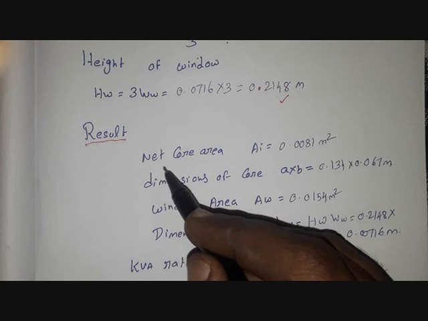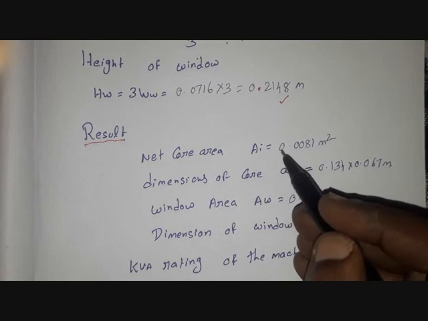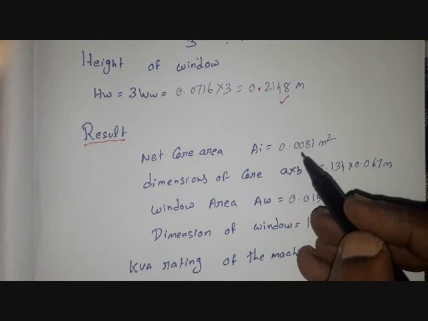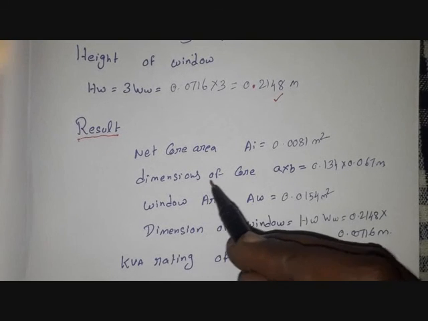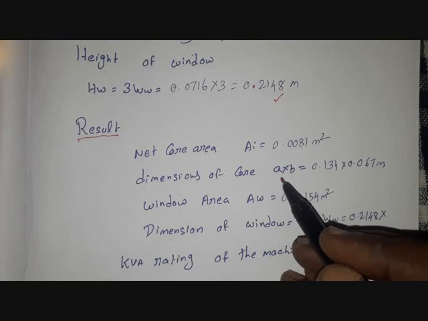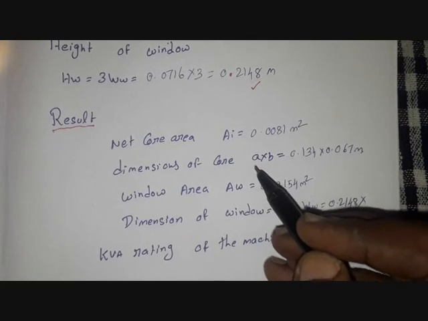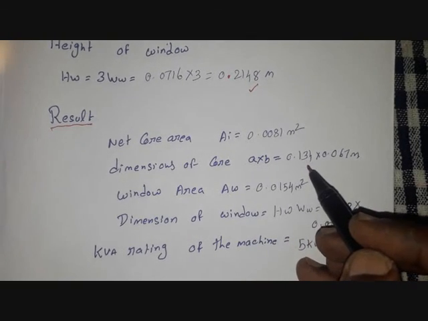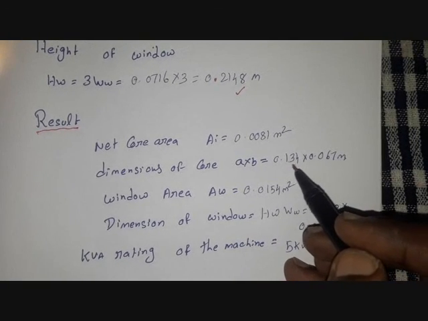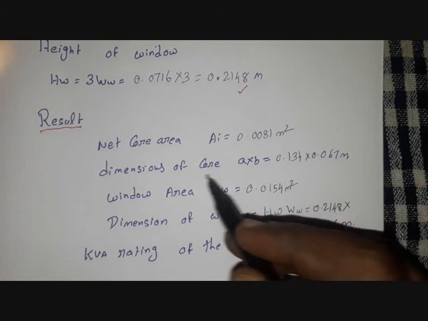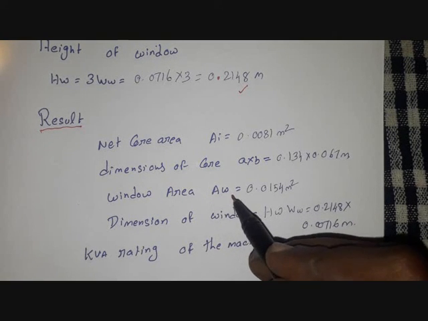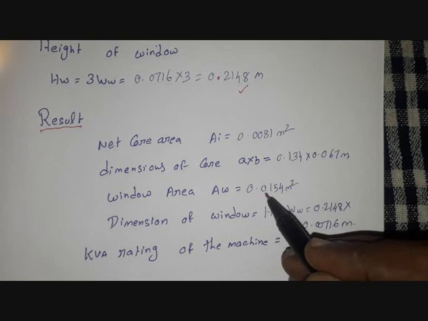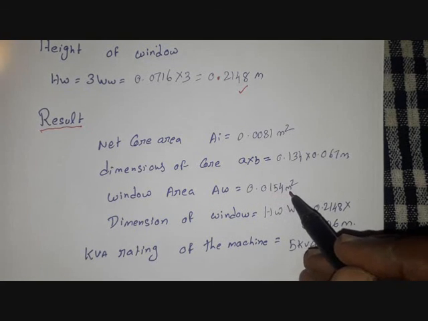So net core area AI is equal to 0.0081 meter square. Dimension of core A into B, let me write 0.134 into 0.067 meter. Window area AW is equal to 0.0154 meter square.